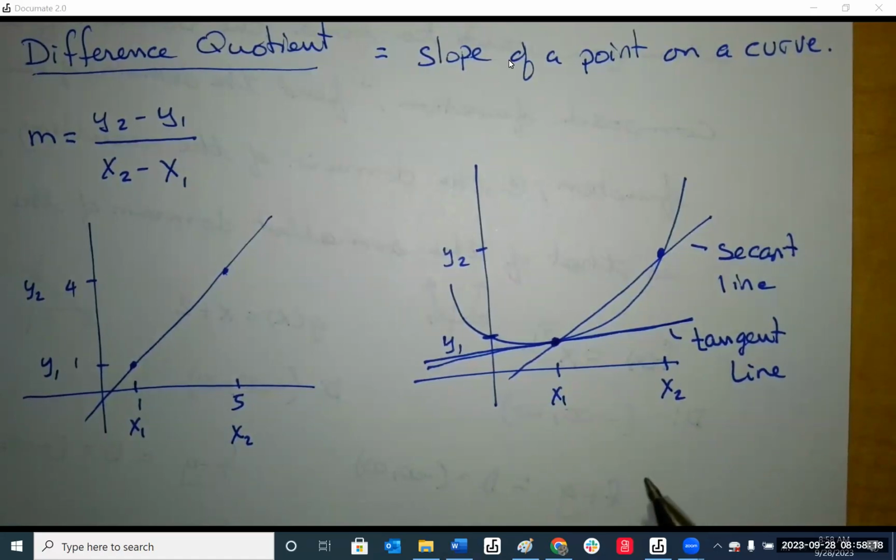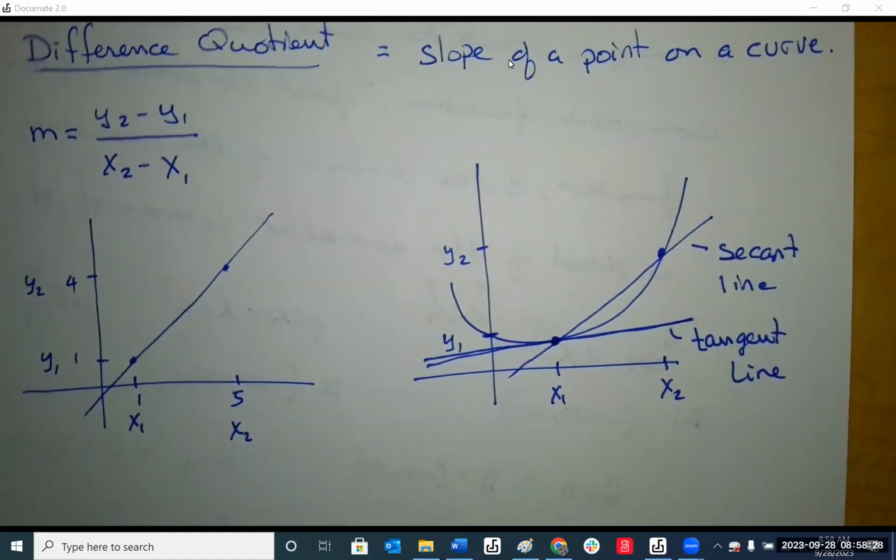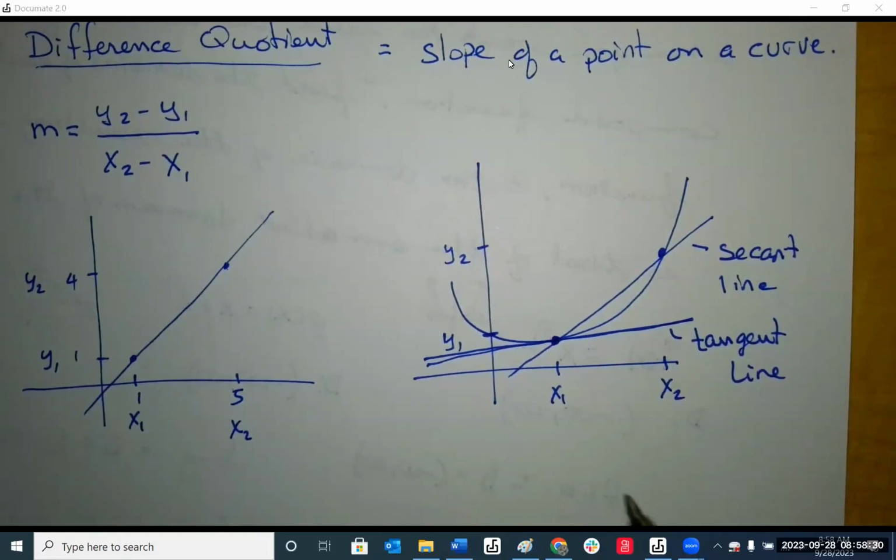So how do we get to it? We have to go from 2 points, x1, y1, x2, y2, down to only 1 point, x1, y1. Let's see how this is done. The distance between x2 and x1 we call h.